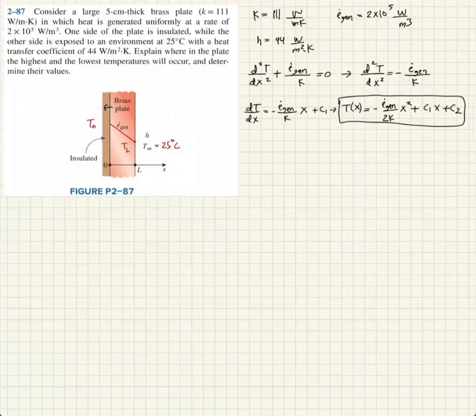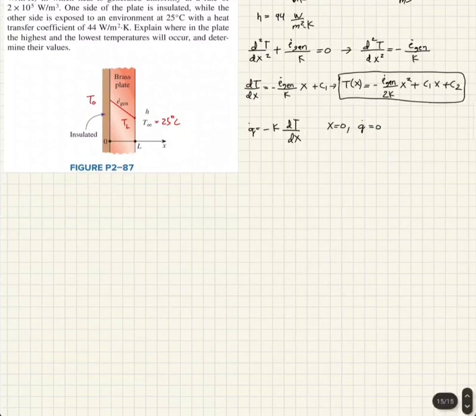So if it cannot escape, it simply means that at x equals 0, the heat flux is 0. Okay, so we're going to write the equation for heat flux, which is q equals minus k dT over dx, and we said that at x equals 0, heat flux is 0.